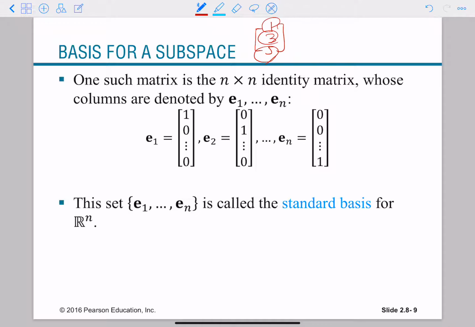Let's think of R3 as an entire three-dimensional space. Let me ask the question of whether R3 is a subspace or not. So the entire set of all the possible three-dimensional vectors. Is it closed under the linear combinations?